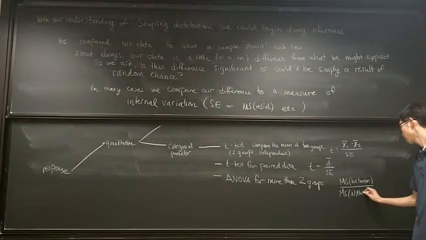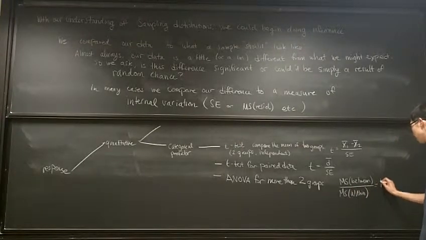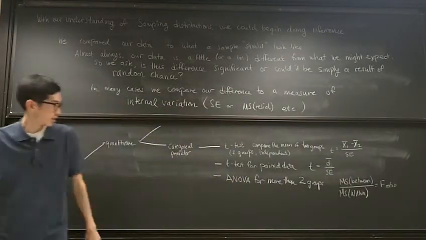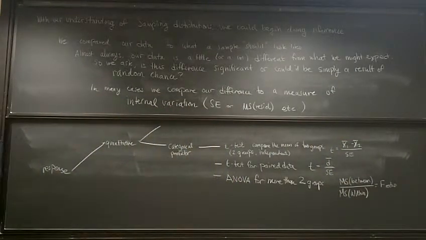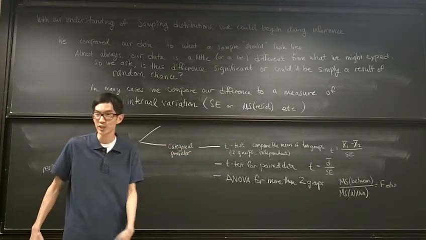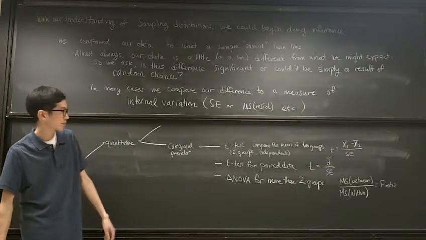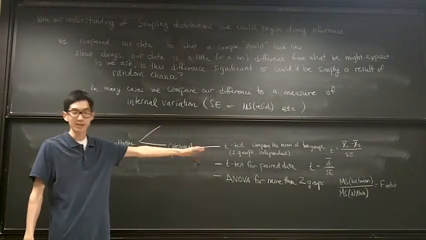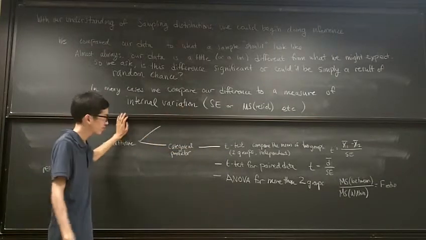This gave us our F ratio. But all of these are really ratios, right? It's a ratio between the difference between things and a measure of internal variation. So again, the process is a little bit different, but the overall concept is still the same.